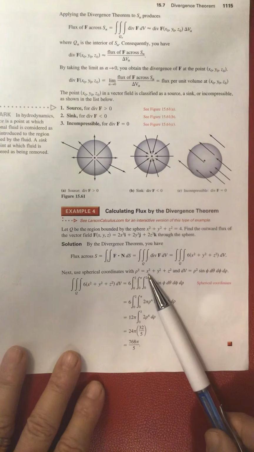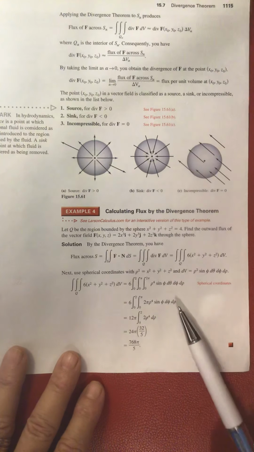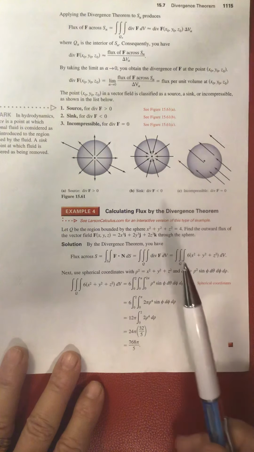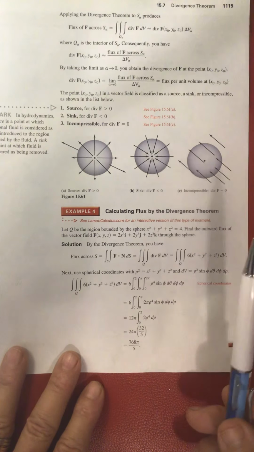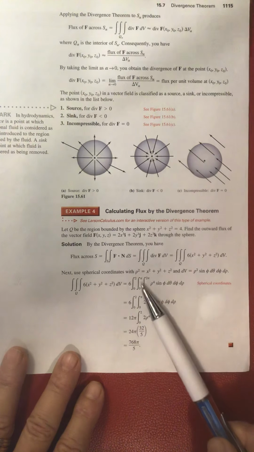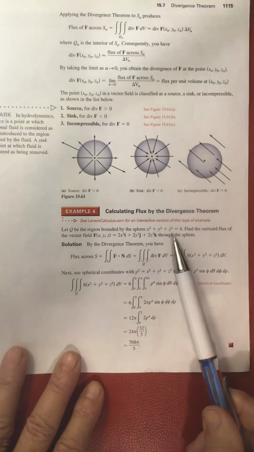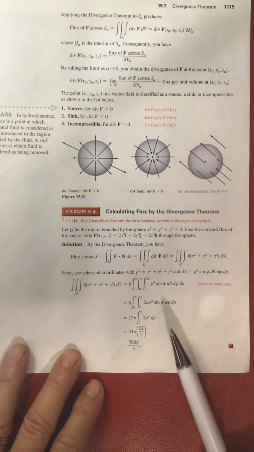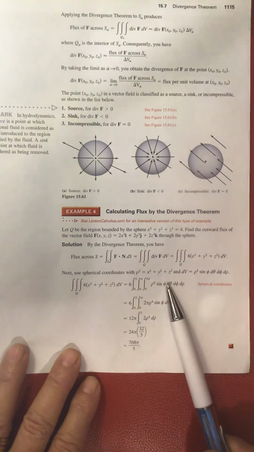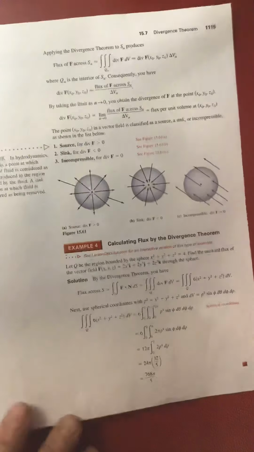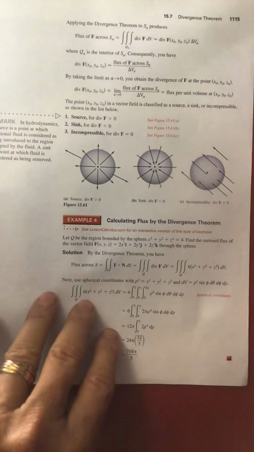Theta is all the way around the circle of the sphere, so 0 to 2 pi. Phi is always from the positive z axis down, and since the sphere goes all the way down, it's from 0 to pi, and the radius of our sphere is 2, so rho is 0 to 2. So it becomes a fairly easy integral to do.